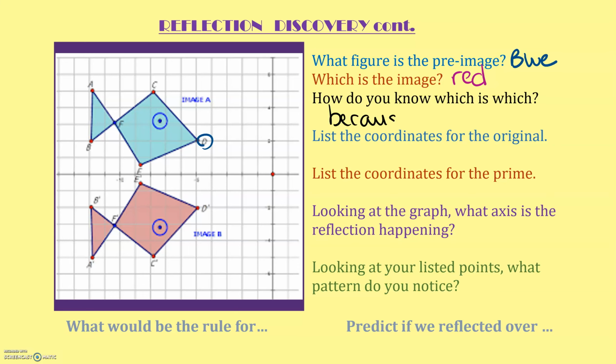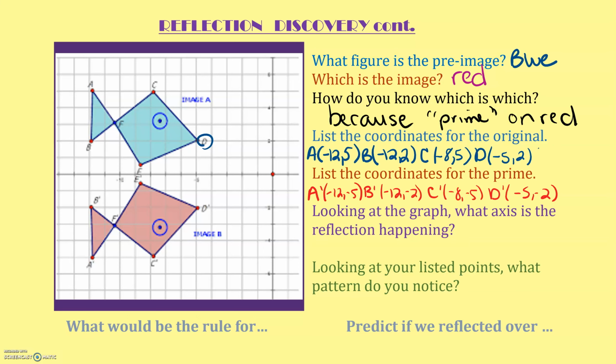And remember, the prime is the apostrophe next to the label of the point. All right, so you are going to go ahead and make sure that you have listed the coordinates for the original and you have listed the coordinates for the prime.